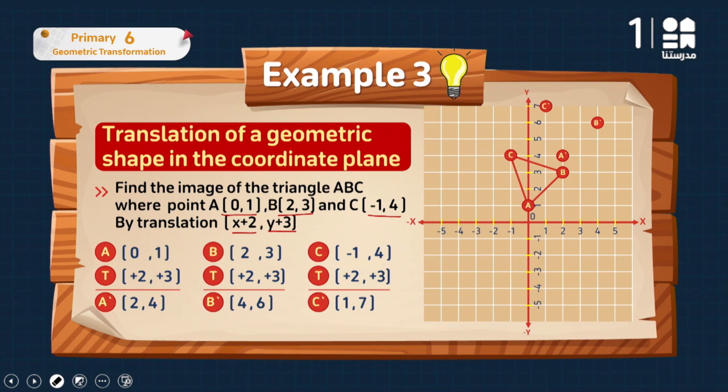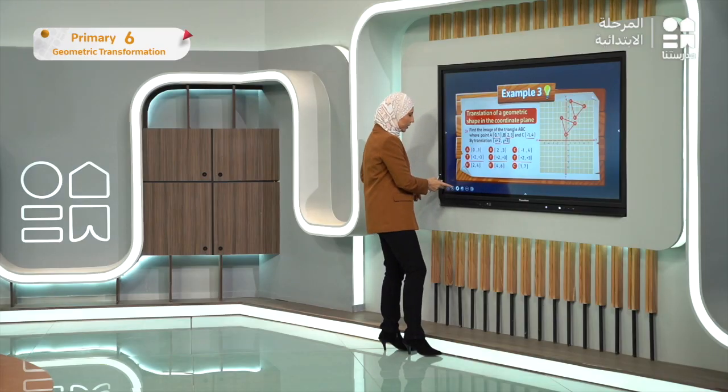Now when I join my images all together, A dash, B dash, C dash, I have the image of the triangle. If you look, you will find that CA is parallel to C dash A dash. Images بتاعتنا والlines بتاعتنا sliding. You will going to figure out the triangle sliding to the right side.